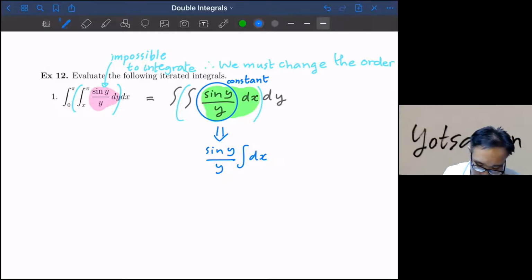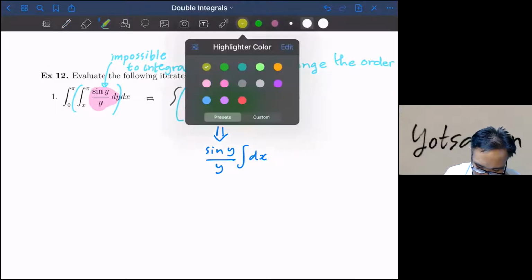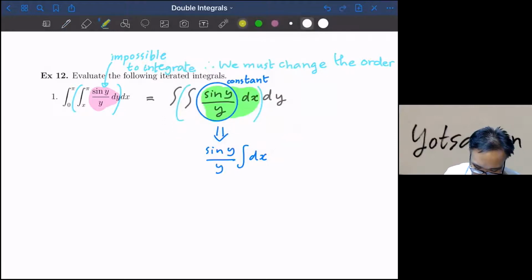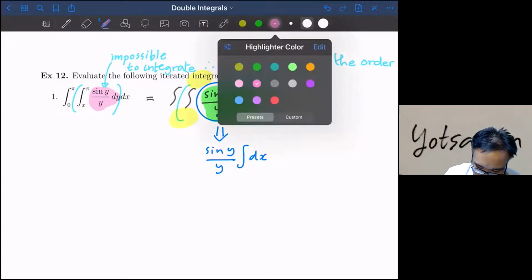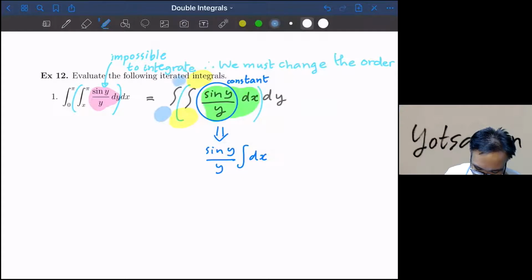The thing we will need is the yellow one for the two curves, and the blue one for the constant.